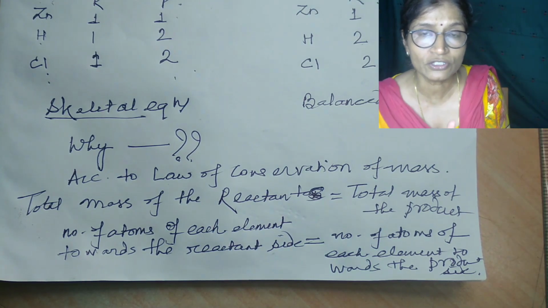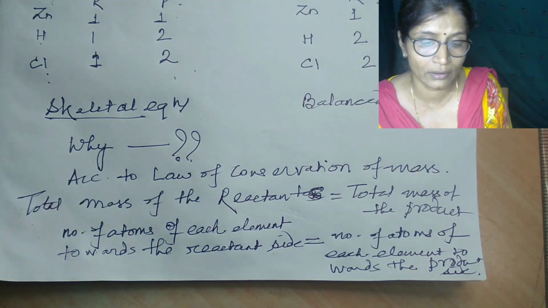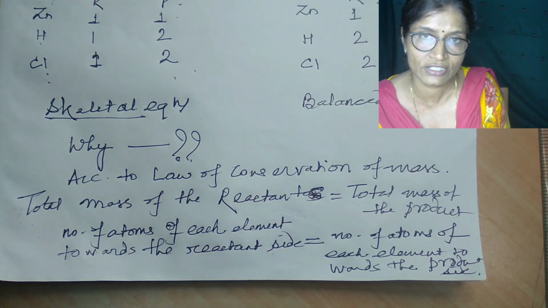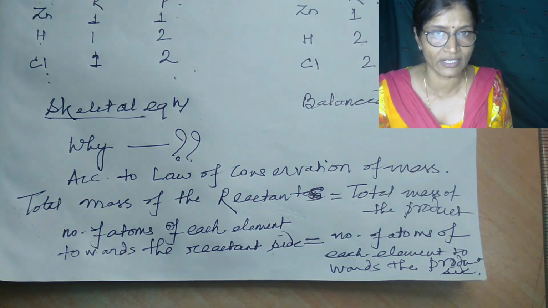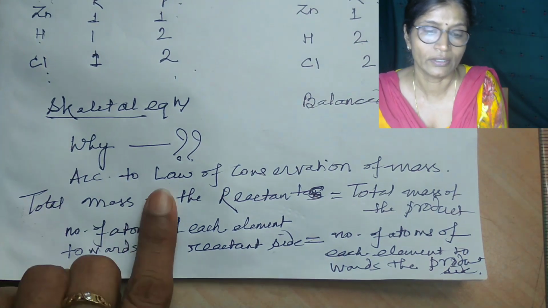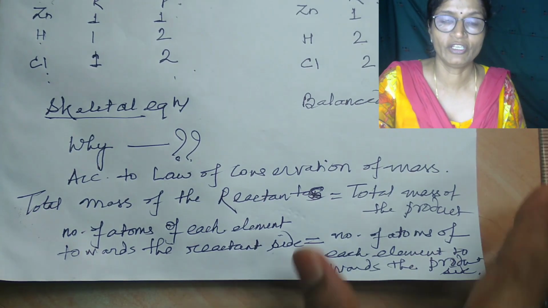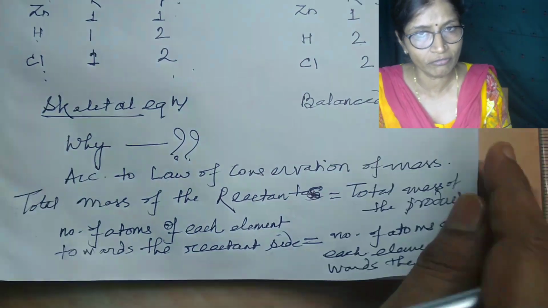And this means to consider the law of conservation of mass, we have to balance the equation. If we balance the equation, then only can we prove the law of conservation of mass.